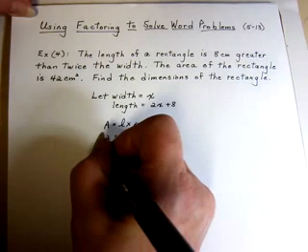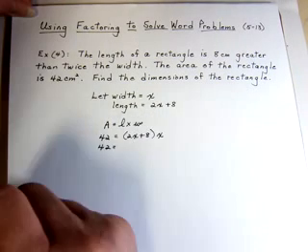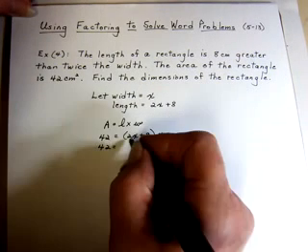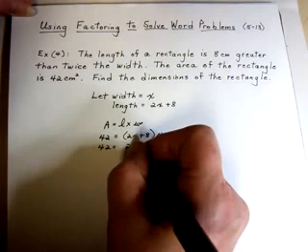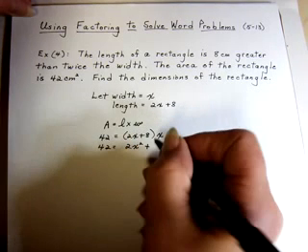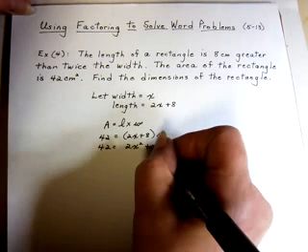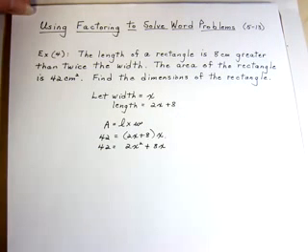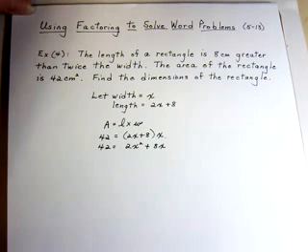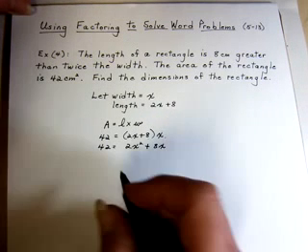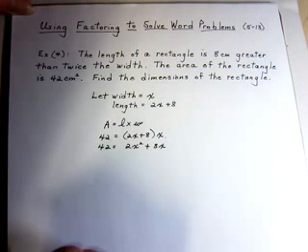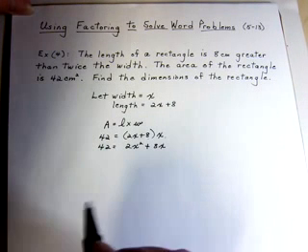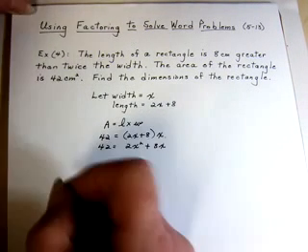All right, continuing to solve the equation, we use the distributive property. 2x times x is 2x squared plus 8 times x, which is 8x. We now have a quadratic equation, and we need to continue to solve it by putting it into standard form, which means that everything has to be on one side of the equation and set equal to 0.